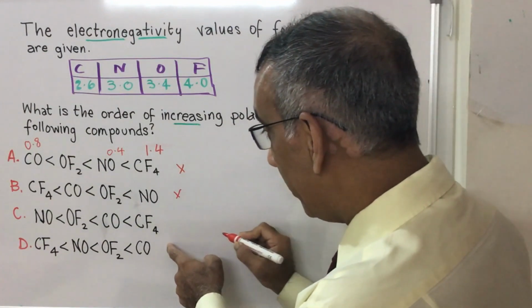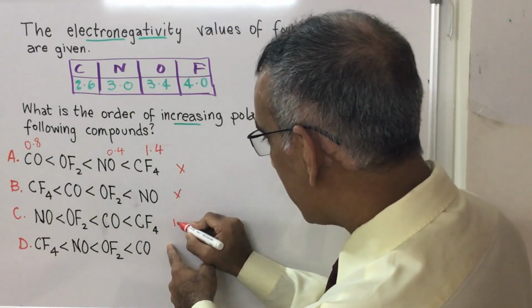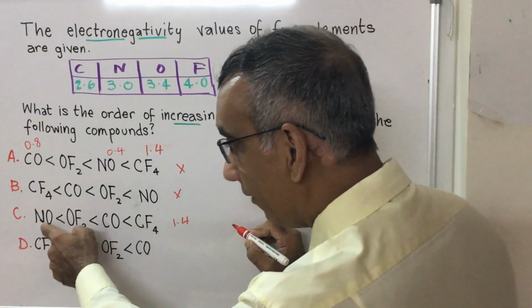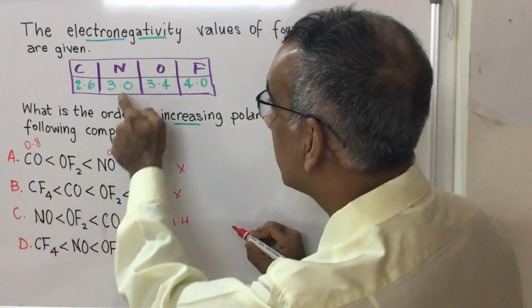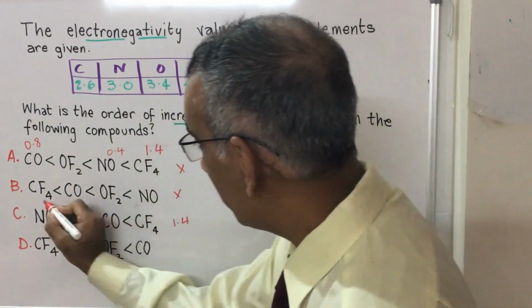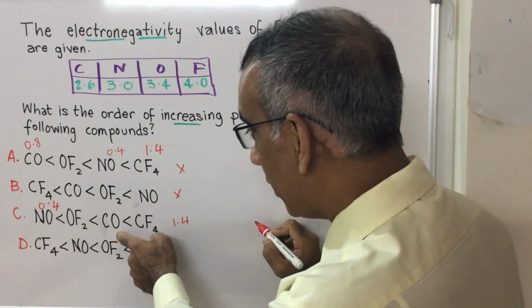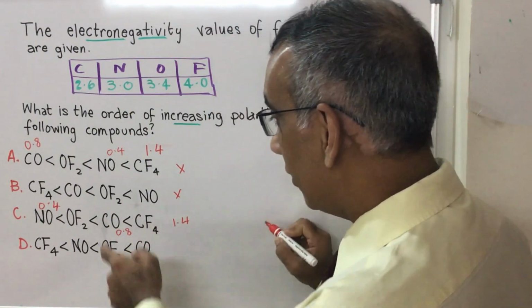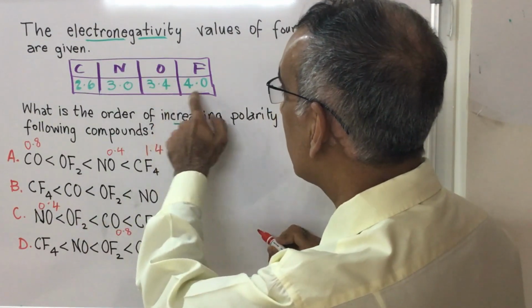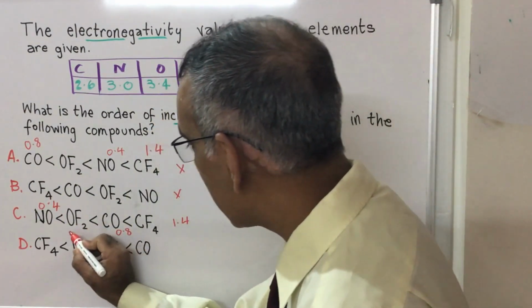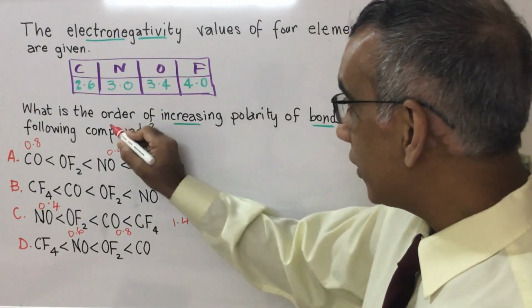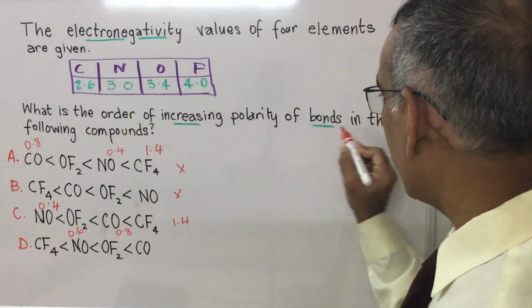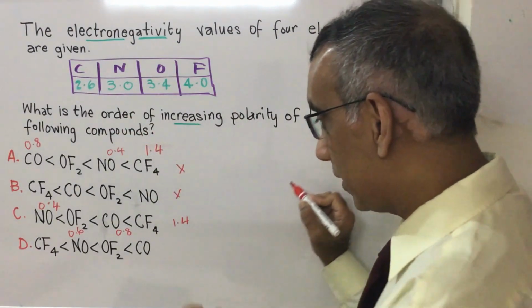Here we have carbon and fluorine all the way up here, which is 1.4. Then we have down at the end nitrogen and oxygen, which is 0.4. We already worked out carbon and oxygen, which is 0.8. And OF2, oxygen and fluorine, which will be 0.6. The question is, which is the order of increasing polarity of bonds in the following compounds?